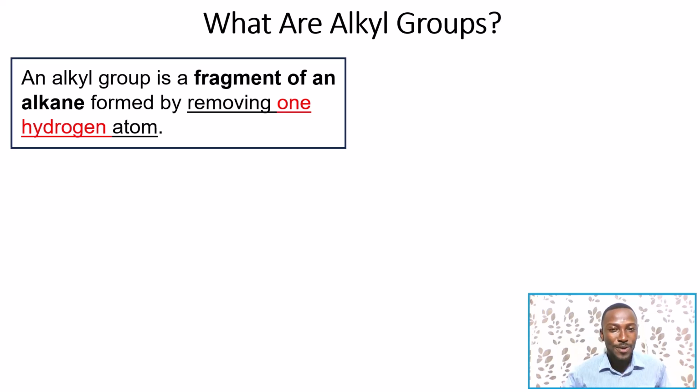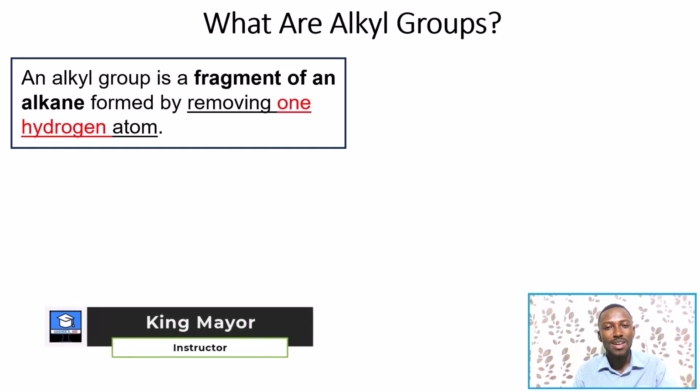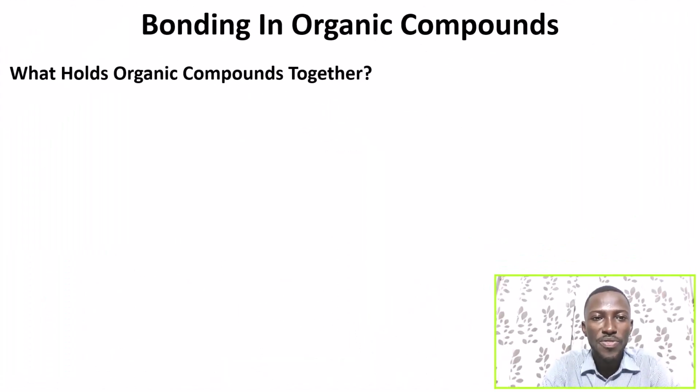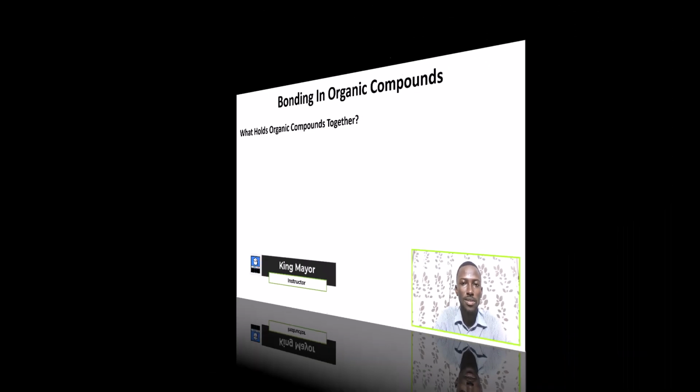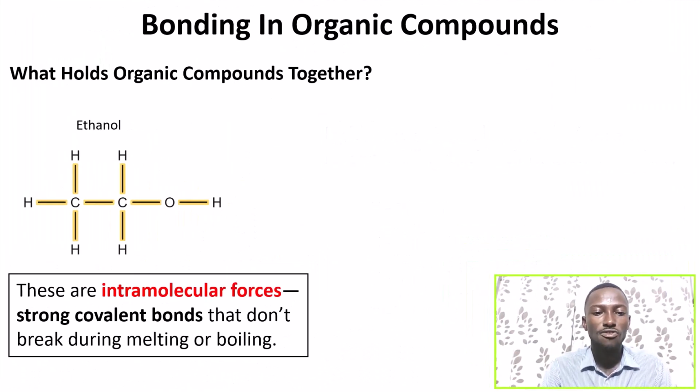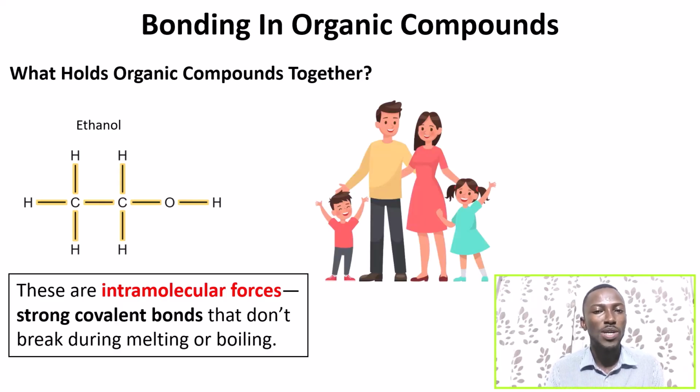One common terminology you will come across when it comes to naming organic compounds is alkanes. But what are they? In this lesson, our focus is to look at the various bonds present in organic compounds. We can compare these intramolecular forces to the force between members of a nuclear family.